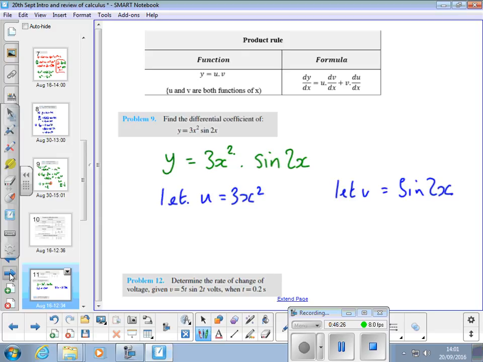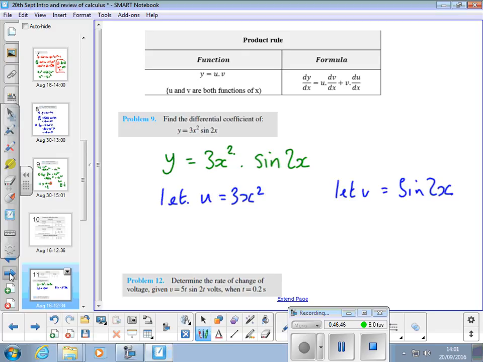We then have to, if we look at the formula, it says the differential of that function u times v is u, one function, times the differential of the other function, plus v, the other function, times the differential of the first.